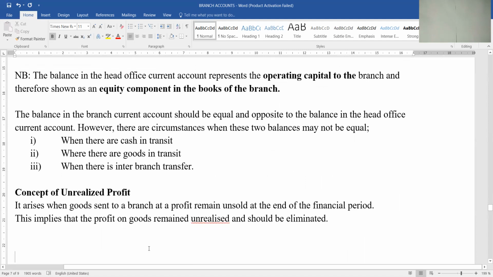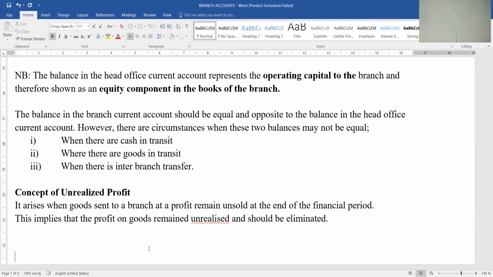The balance in the branch current account should be equal and opposite to the balance in the head office current account. However, there are circumstances when these two balances may not be equal. When you are preparing the two accounts, the head office current account, which is maintained by the branch, and the branch current account, which is maintained by the head office, they are supposed to be equal and opposite to each other.